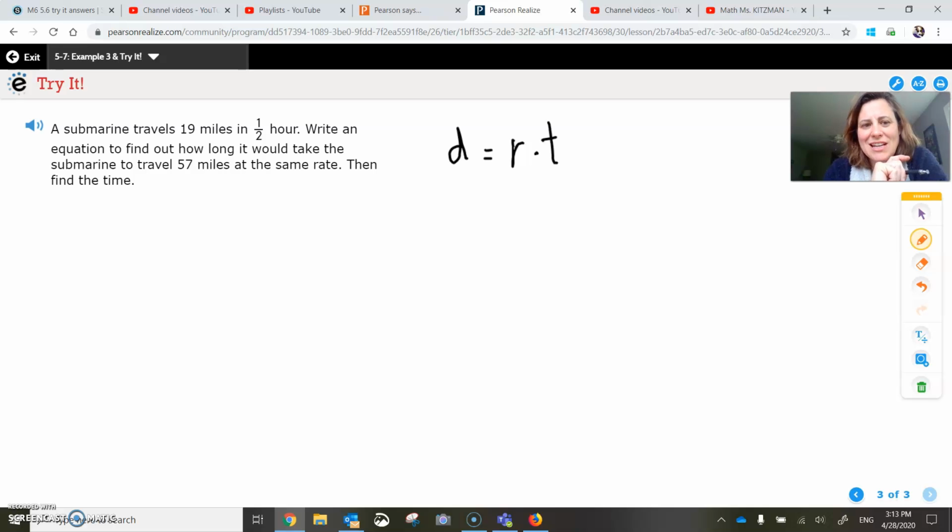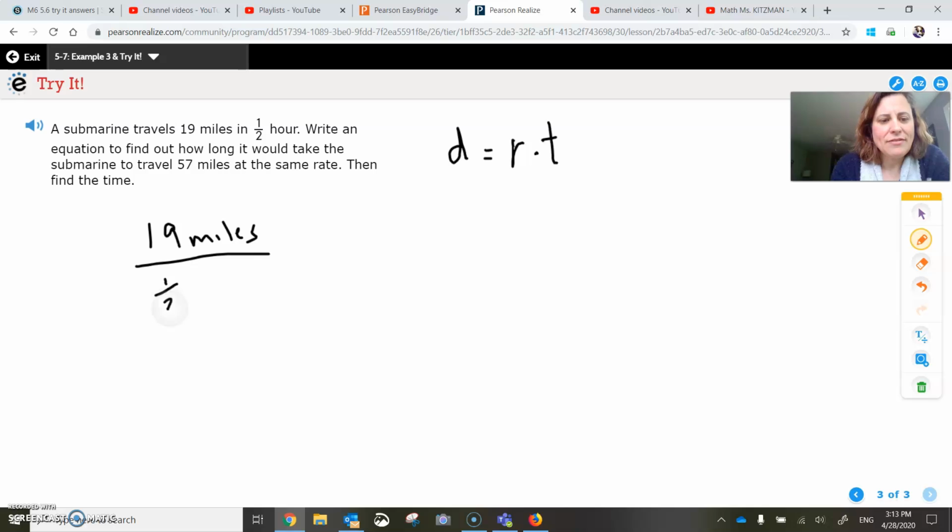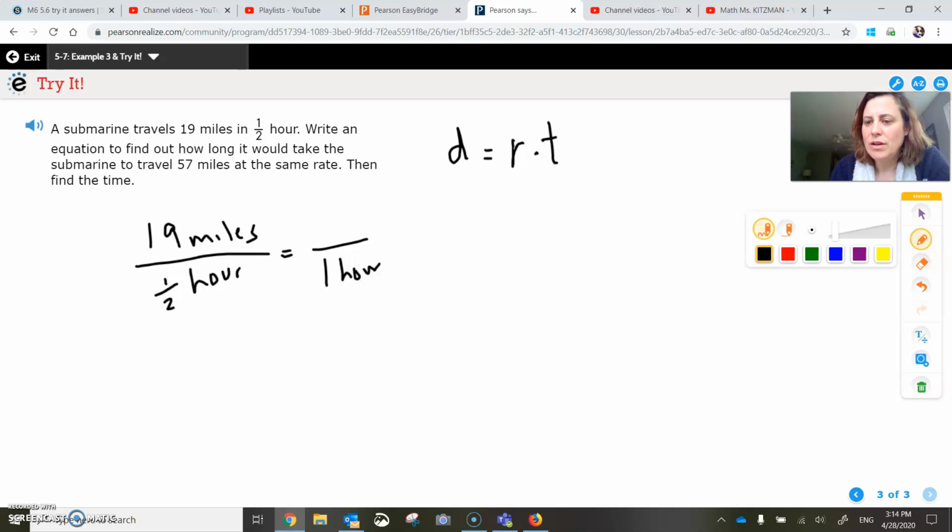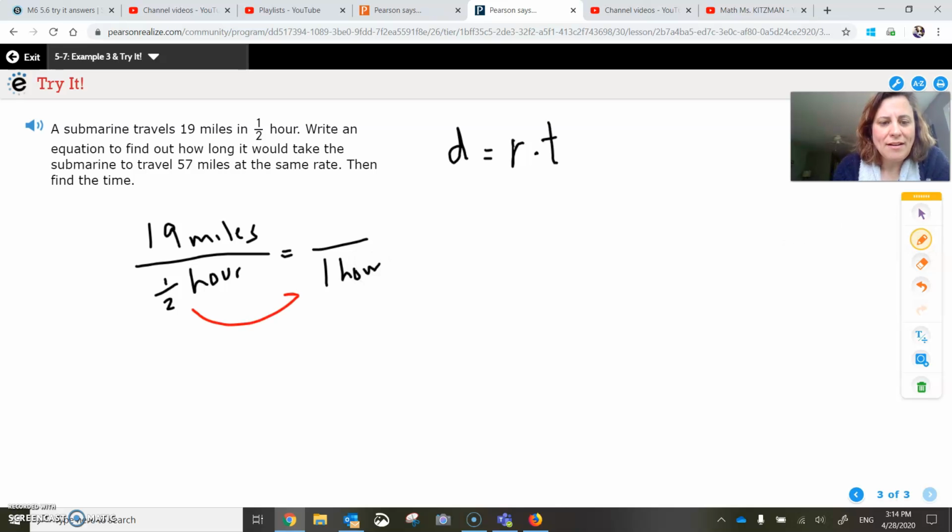So we want to change that to 1 hour. If we want to convert a half an hour into 1 hour, you would multiply 1/2 by 2. 2 halves is a whole. So you multiply this by 2 also. And 19 times 2, I believe, is 38 miles.